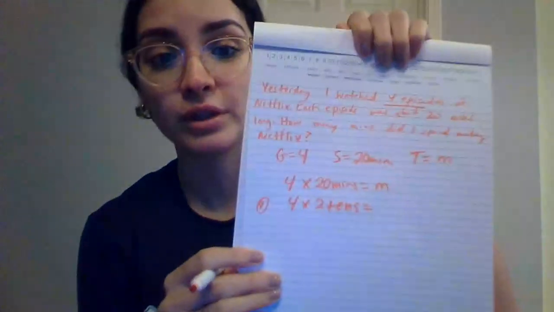I'm actually going to use just a quick trick of using place value. So I know that 20 is actually just 2 tens. So I'm going to rephrase that as 4 times 2 tens. And then it's much easier for me to solve for this.